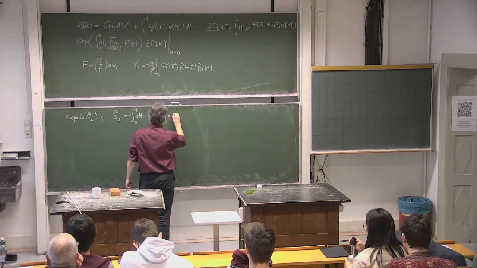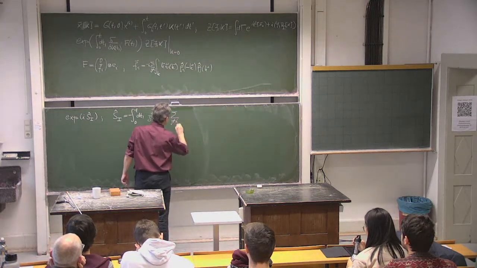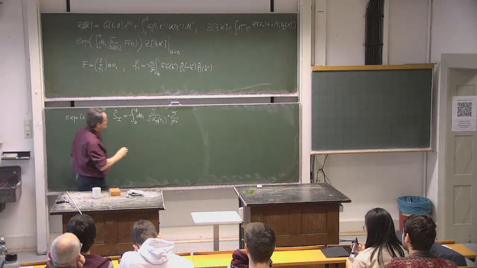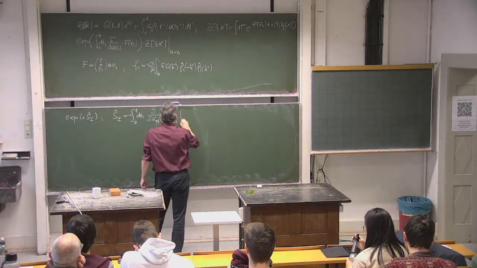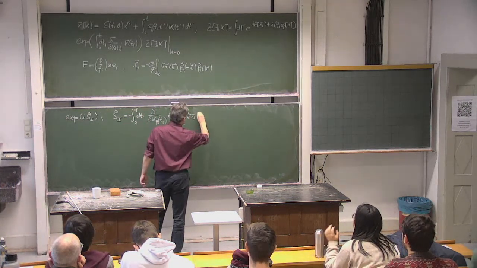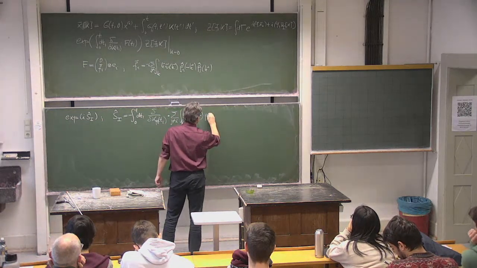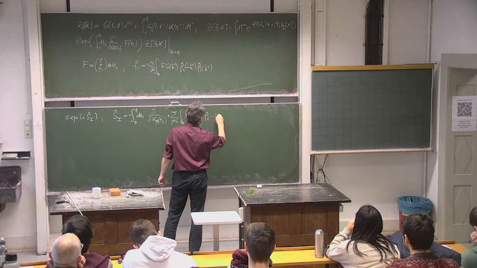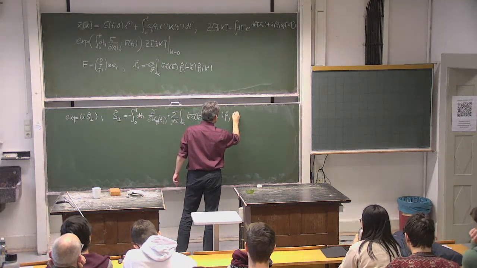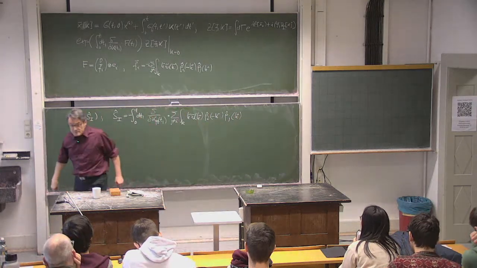Then sum over all j different from I. An integral over k times v tilde of k, rho I of minus k times rho j of plus k, where the densities are now operators.